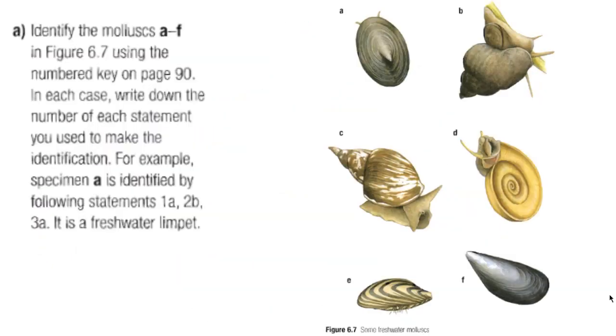In each case you're going to write down the number of each statement you use to make the identification. For example, specimen A is identified by following statements 1A, 2B, and 3A. It's a freshwater limpet. Okay, so you can make the numbered key.